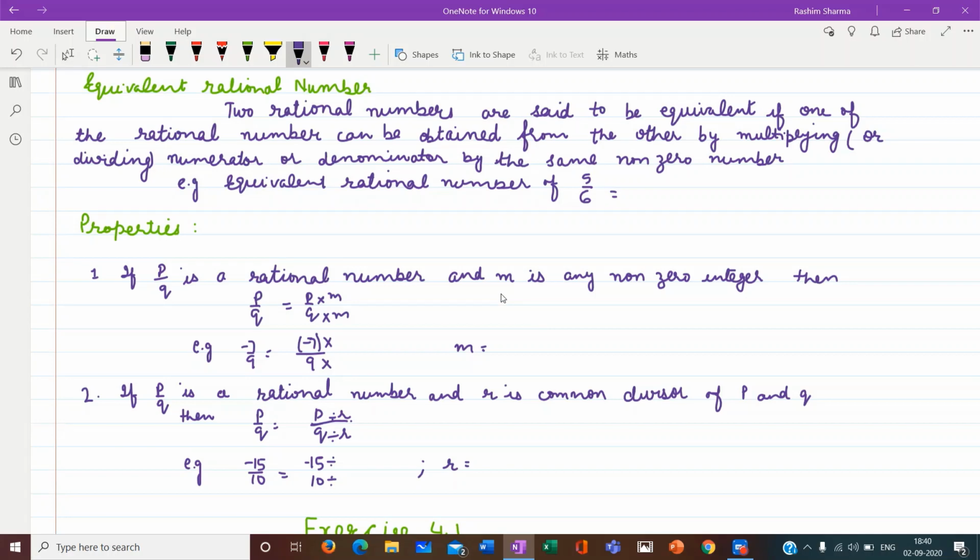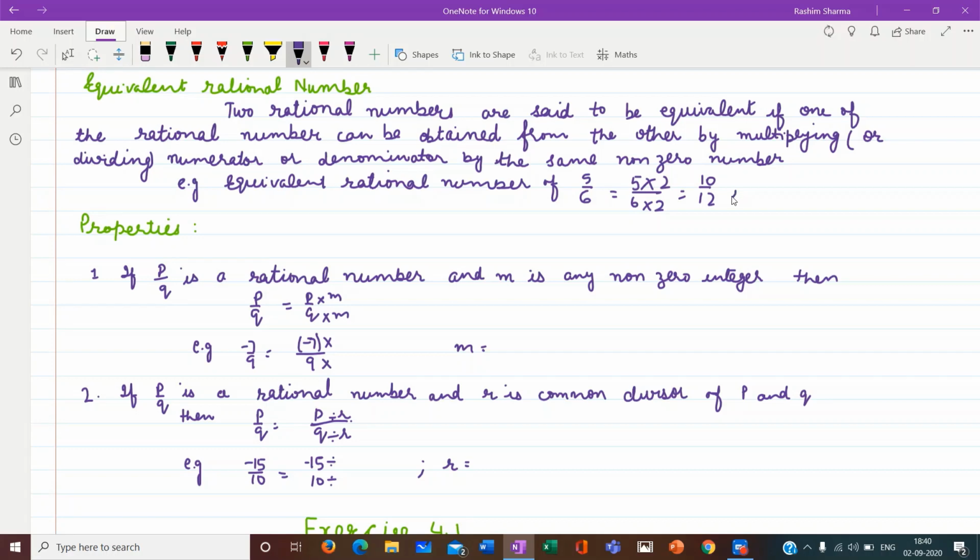Now let us take this example, the equivalent rational number of 5 upon 6. If we multiply the numerator 5 and the denominator 6 by 2, we get 10 upon 12. So 10 upon 12 is an equivalent rational number to 5 upon 6.